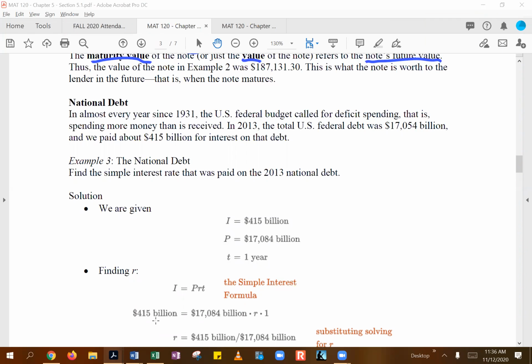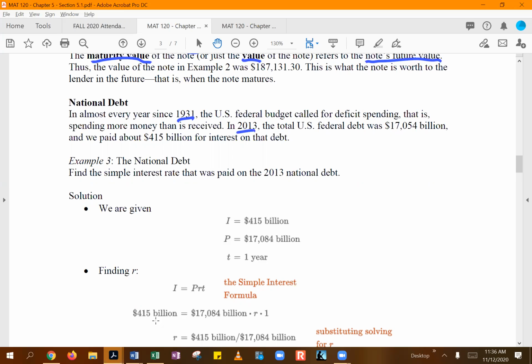They're saying in almost every year since 1931, the US federal budget called for deficit spending, which basically means you're spending more than what you are receiving.